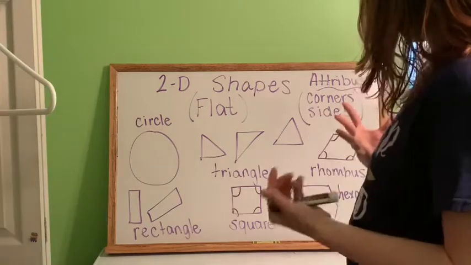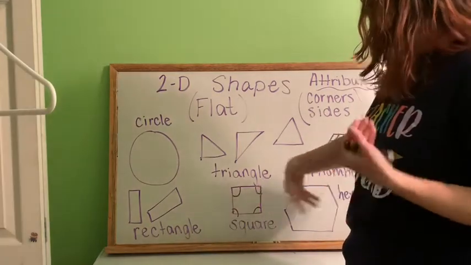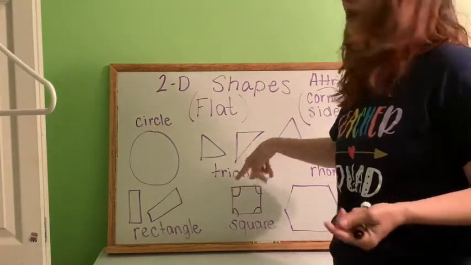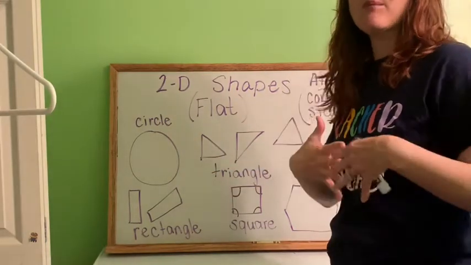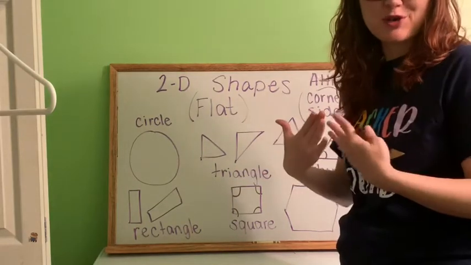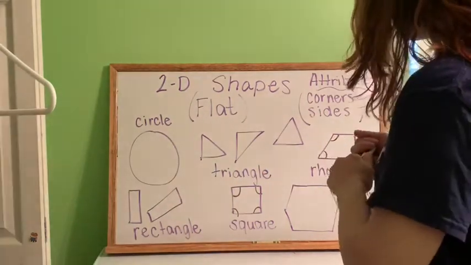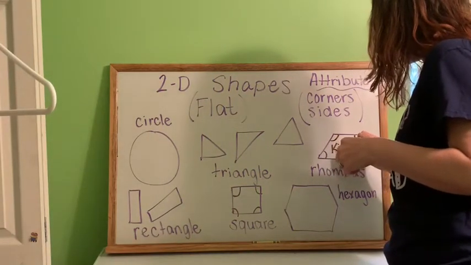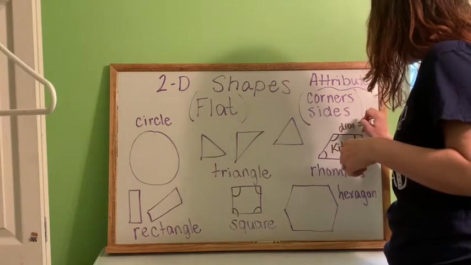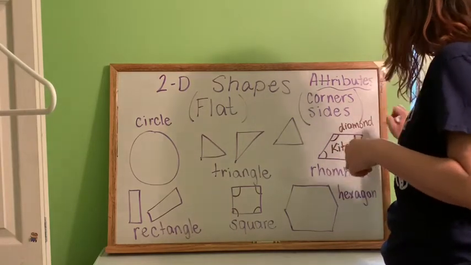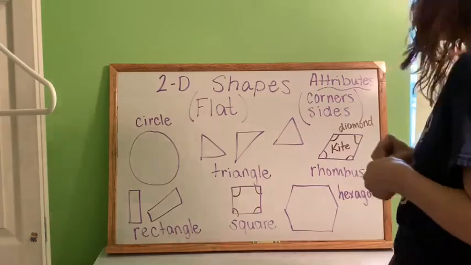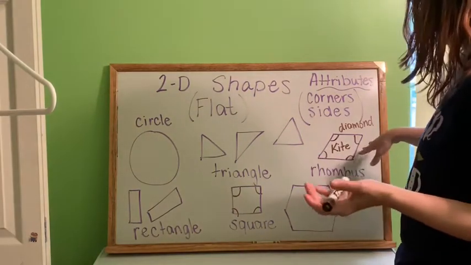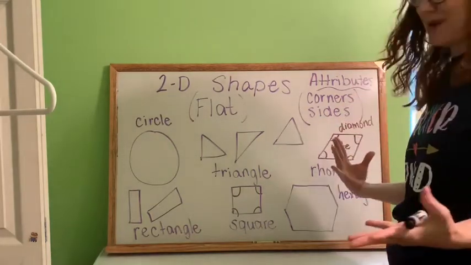So you just want to kind of explain to them that a square and a rhombus are almost the same thing, but it's how the angle looks. And we know that that is a right angle, but that's a little bit hard for a first grader to put into words. A lot of times we want to call this a kite, right, or a diamond. But when we are talking shapes in first grade, we really want them to focus on using that term rhombus instead of diamond, because that's just not the correct shape name.